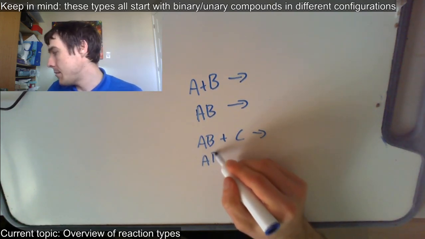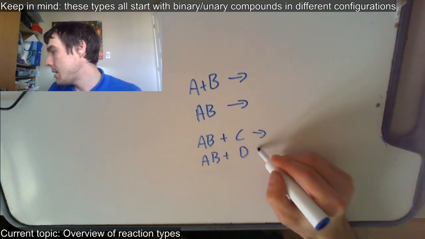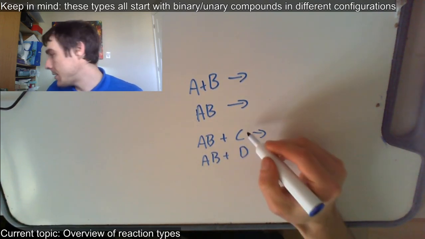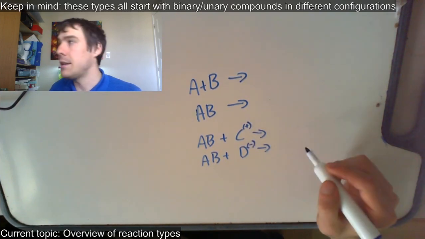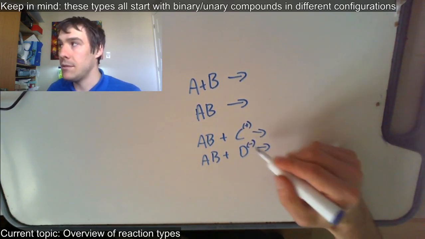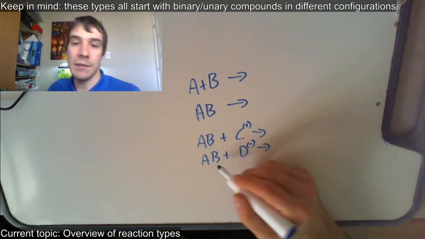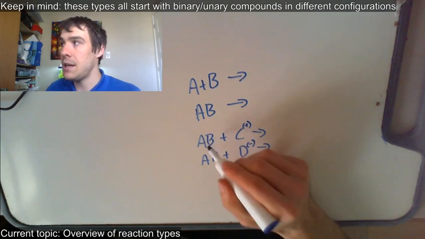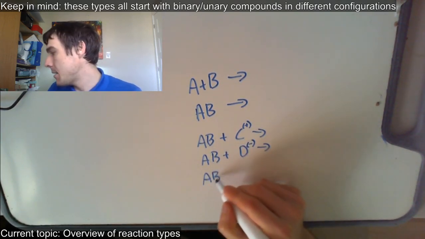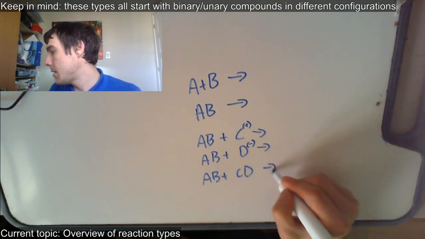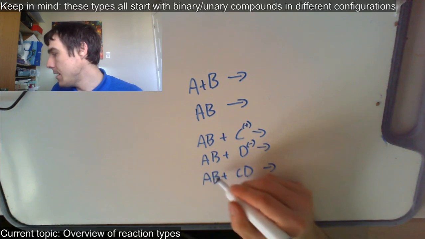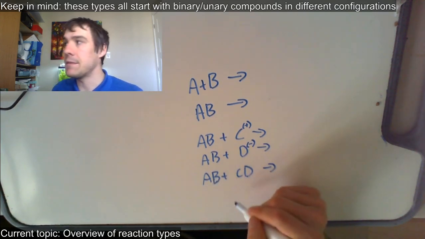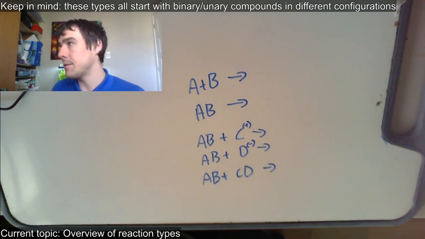If it's AB plus D, and D is a negative, it's going to be a negative replacement. The D is going to replace the B. Here the C is going to replace the A. And if it's AB plus CD, it's probably going to be double displacement, where maybe the negatives swap or maybe the positives swap, you get to decide how they're going to swap, especially if these are aqueous.